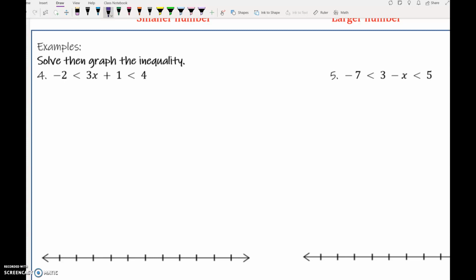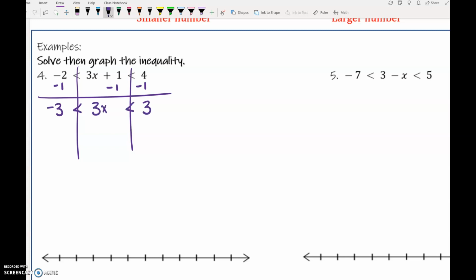So the first thing we need to do is subtract 1. So subtract 1 in all three places. If you need to draw a line down through the two inequality symbols to separate that into 3 columns, that is totally fine. That will give us -3 is less than 3x is less than 3. Wow, that's nice.